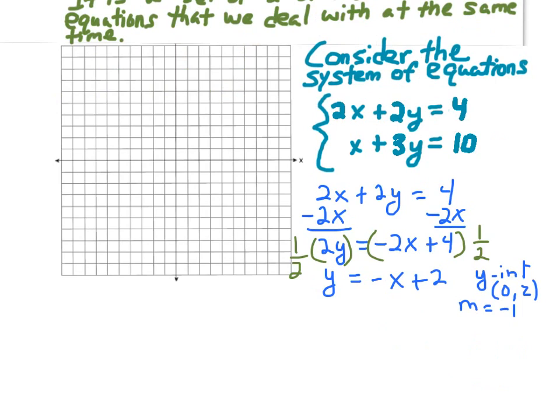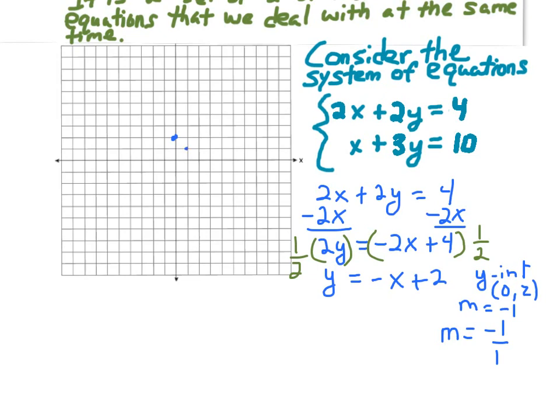So let me go ahead and graph that line. My y-intercept is 0, 2, right there. And then I'm going to go down 1 over 1, because my slope is, I can think of for a rise over run, down 1 over 1.